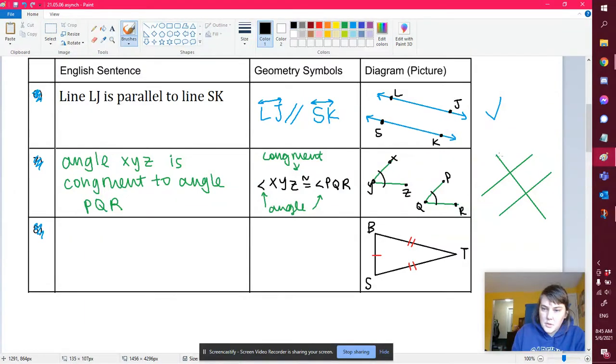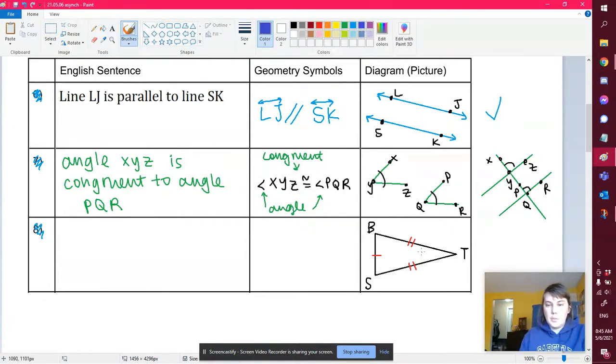We could have said this was X, Y, Z, P, Q, R, right? And said that this angle is equal to this angle, congruent to this angle. Again, we have to put in the markings, those little arcs, the little rainbow looking things, we have to put those in to show that they're congruent in our diagram.